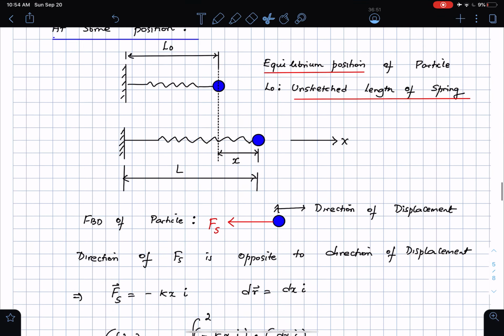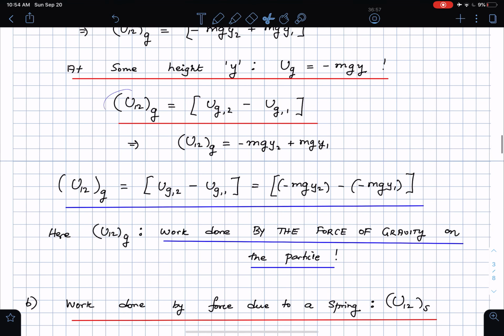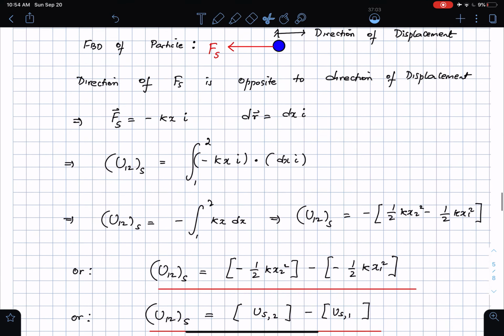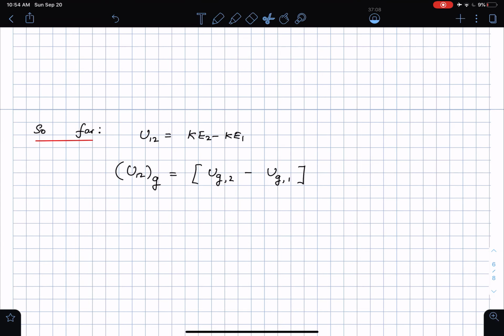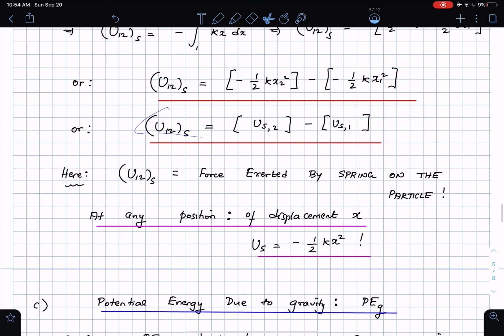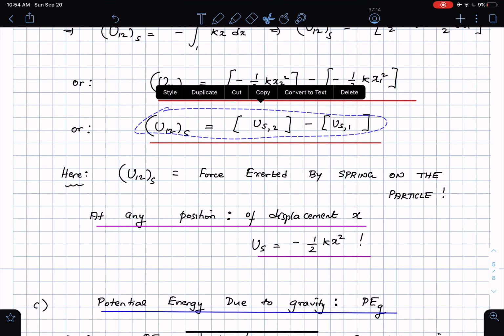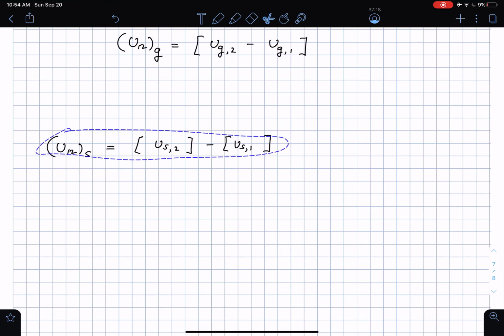Then I have here two things, U12 G. So I have this guy here which I'm going to copy, and then bring that and write it down here. So this is one. Then I'm going to do the same thing for the spring, which I had written somewhere here. I'm going to copy that and bring that down here.